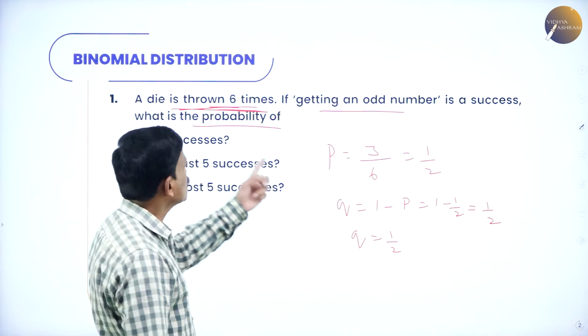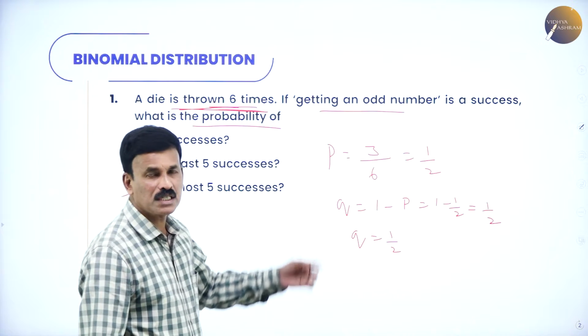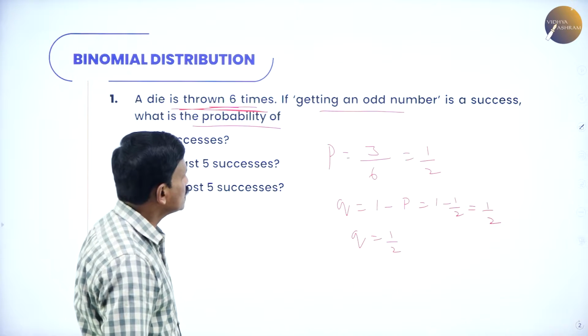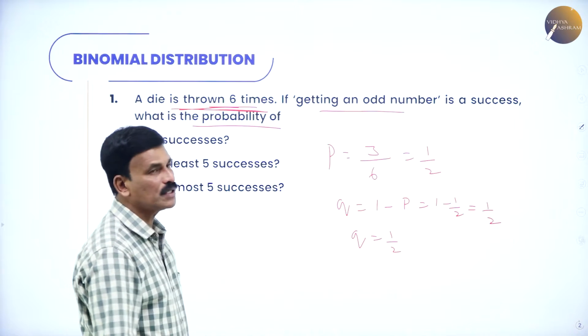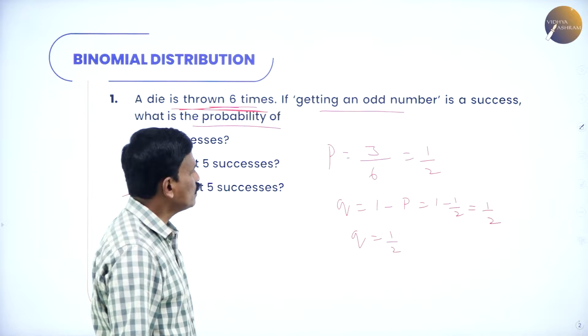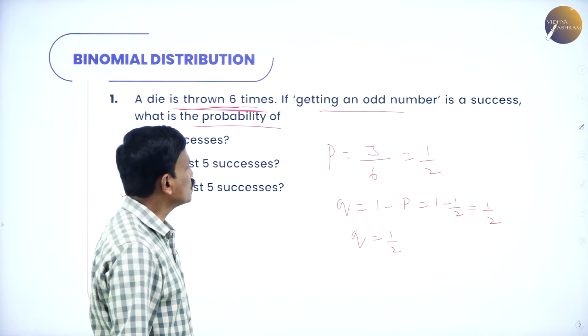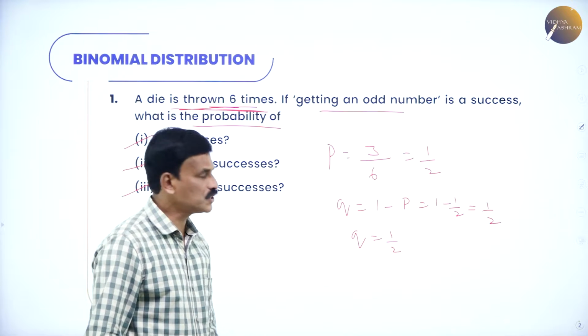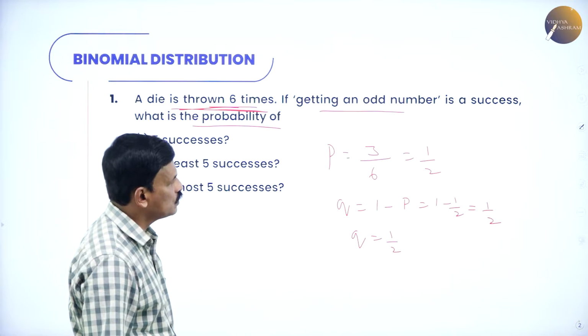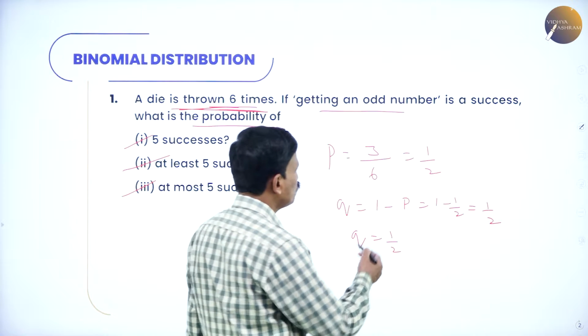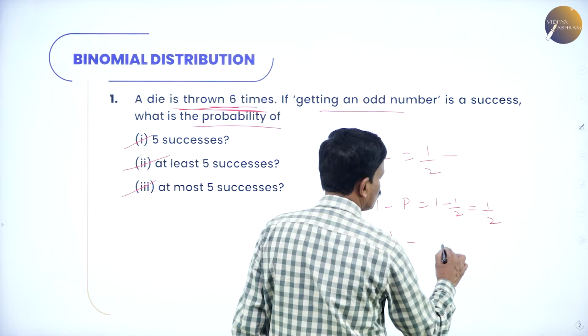Let p represent the probability of success. Since getting an odd number is 3 divided by 6, that is 1 by 2, p is equal to 1 by 2, and q is equal to 1 minus p, that is 1 minus 1 by 2, so q is also equal to 1 by 2.